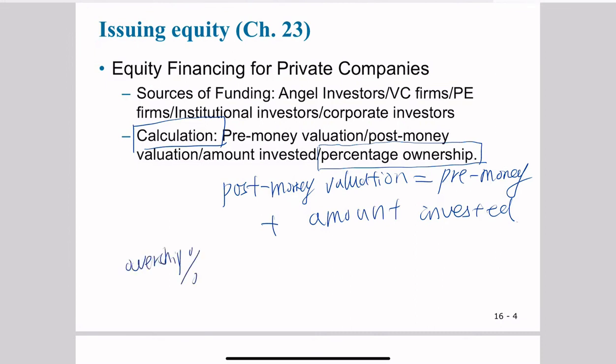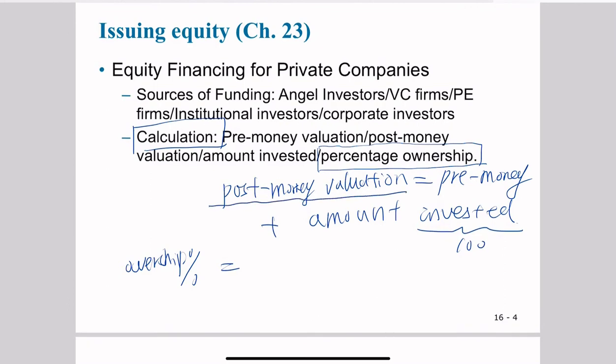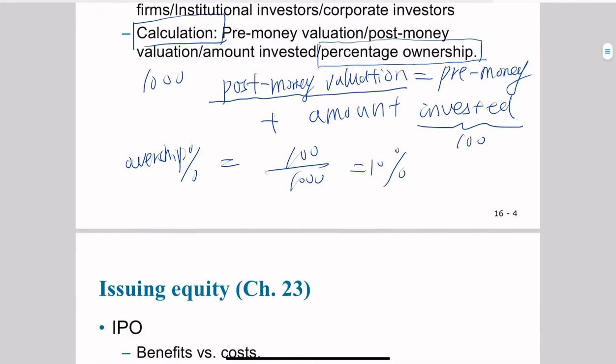Let's say you invest $100 and the post-money valuation is 1,000. Then your ownership would be 100 divided by the post-money valuation, which is just 10%. Of course, this is the simplest case. For the homework, you get a more complicated case with multiple rounds, so it's good practice.